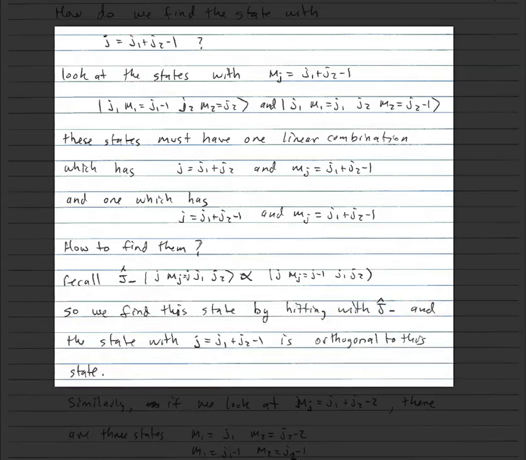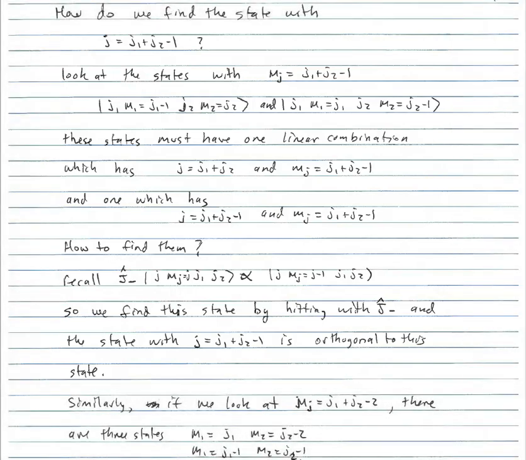So what we do is we take that maximal state, which was unique and we knew, we hit it with a j minus. That state is the state that has j equals j1 plus j2. And then we simply find the state that's orthogonal to that. There are only two states, so one of the states is orthogonal to that in the space. That's the state that has j equals j1 plus j2 minus 1.